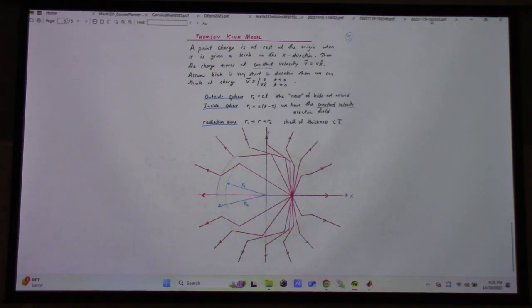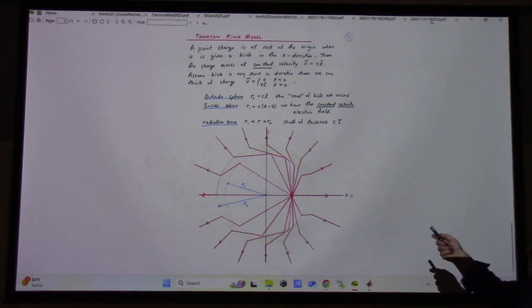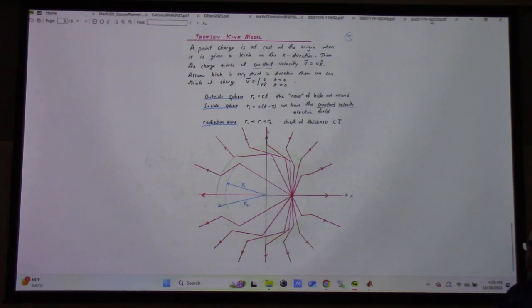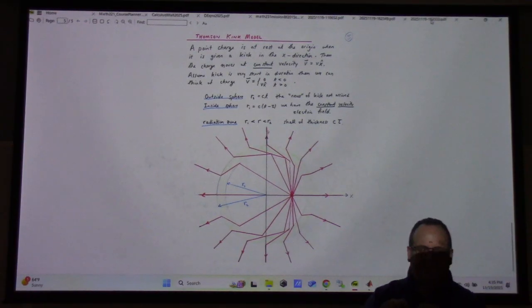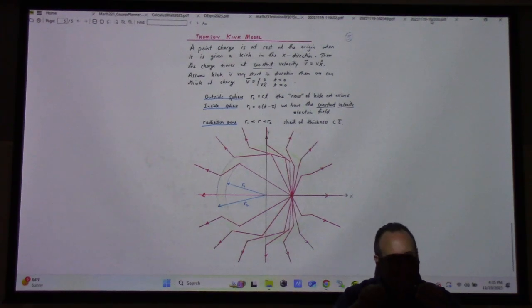All right, so here is the picture I tried to draw last time, and the thing that I failed to appreciate is I had the wrong idea. It says a point charge is at rest at the origin when it's given a kick in the x direction. Last time I was thinking it just moved, boom, and then it stays there.